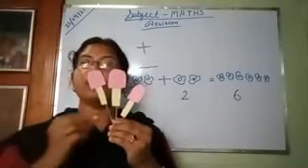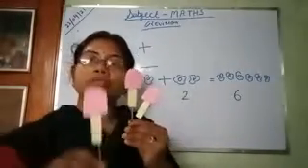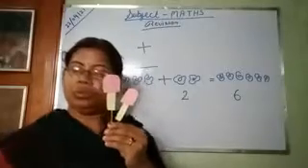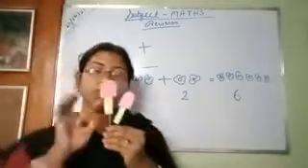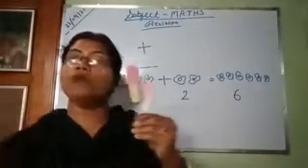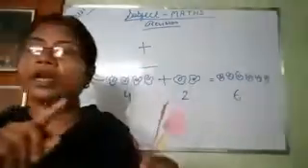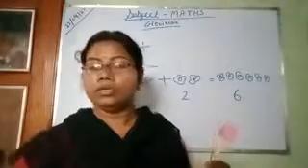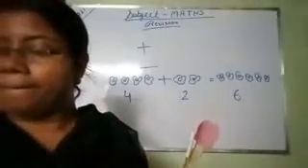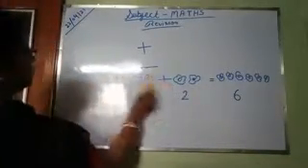I give 1 ice cream to you. How many are left with me? 1, 2. So 3 minus 1 will be 2.